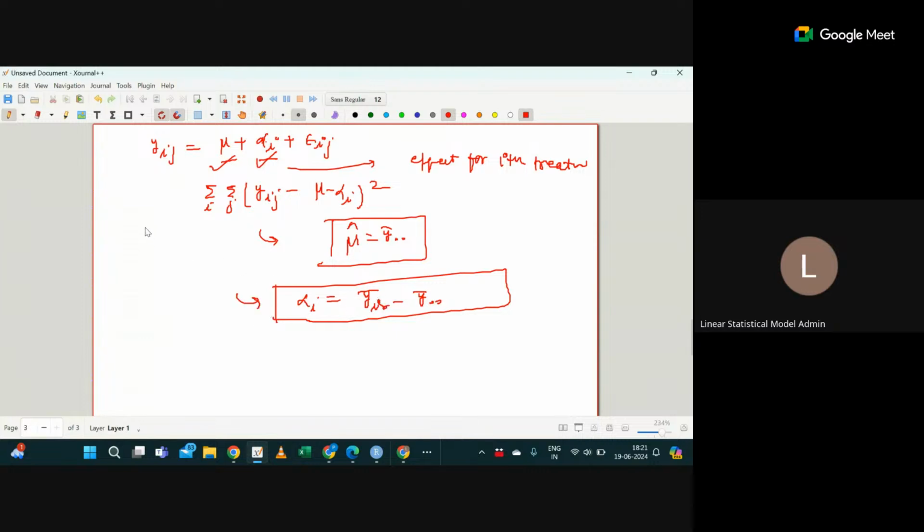Basically, you differentiate with respect to mu and equate to 0 to get one, and differentiate with respect to alpha_i and equate to 0 to get alpha_i hat.